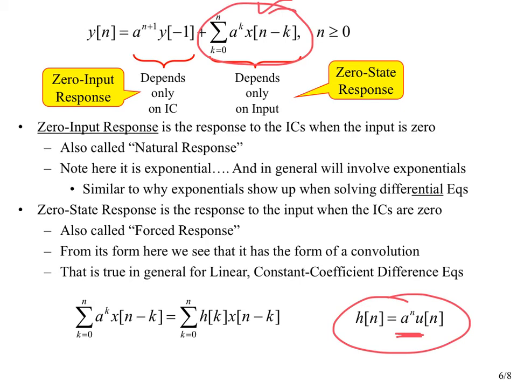If the magnitude of A is greater than 1, this system's output will grow without bound, and the system will be unstable. And it's pretty easy to see that if we just look up here, even just at this term. This term's going to keep growing without bound if A has a magnitude greater than 1. So all these things fit together, and you can tie that back together with things you learned in signals and systems about poles being inside the unit circle in order for the system to be stable.